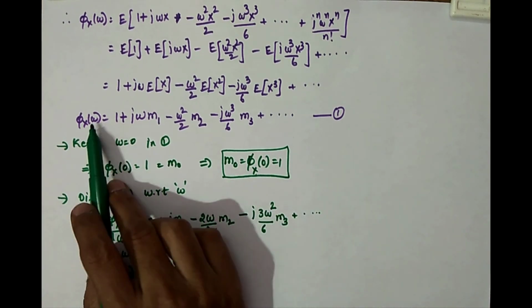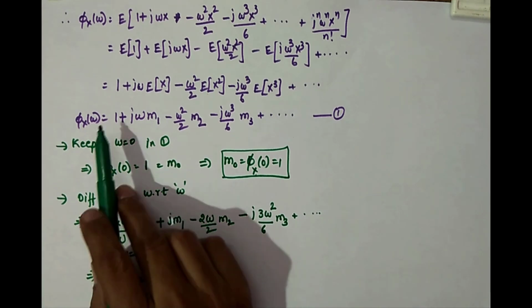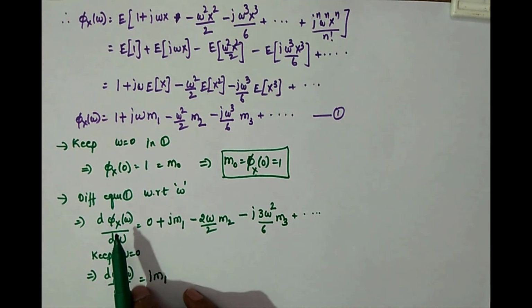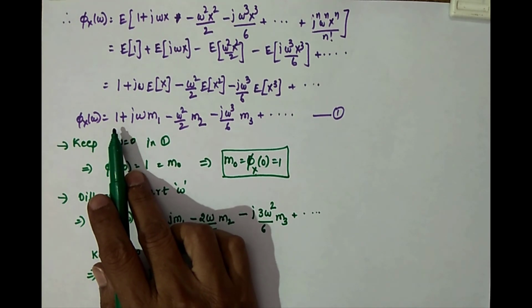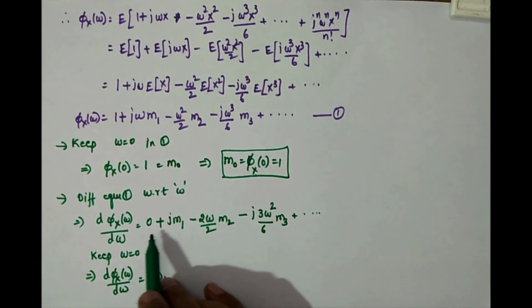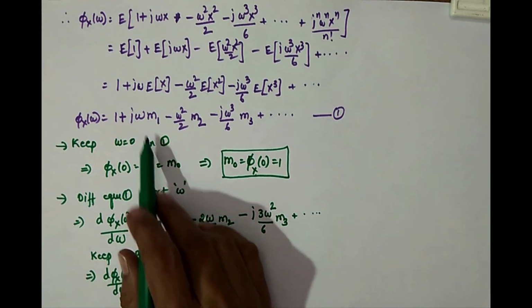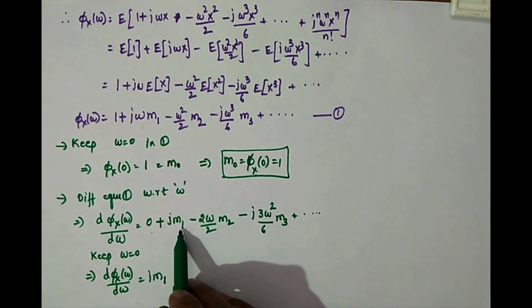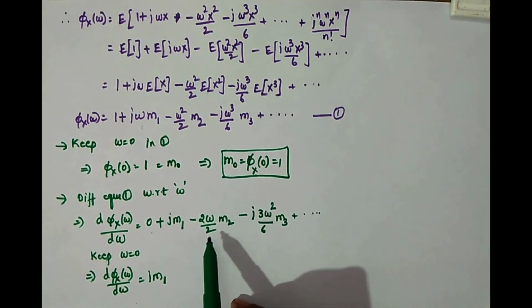Then now differentiate this phi x of omega with respect to omega. So what you get? d phi x of omega by d omega is equal to, the first term is not involving any omega, so if you differentiate it, you will get 0. And the second term you have omega, so if you differentiate it with respect to omega, you will get jm1. And here you will get minus 2 omega by 2 into m2.